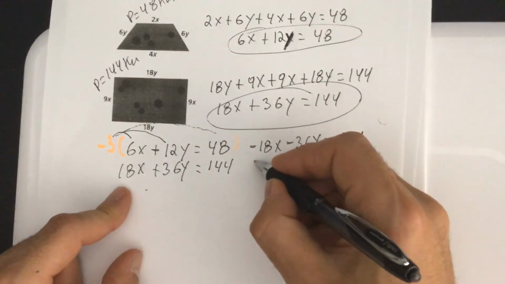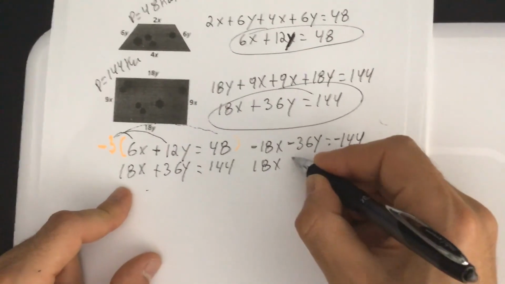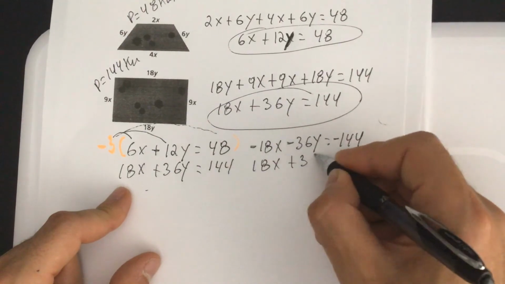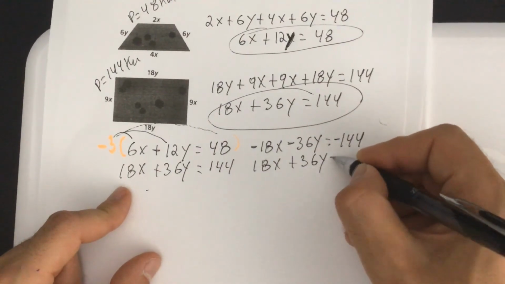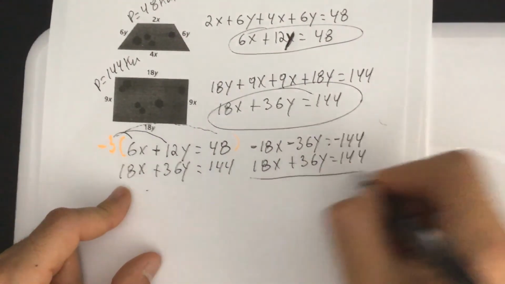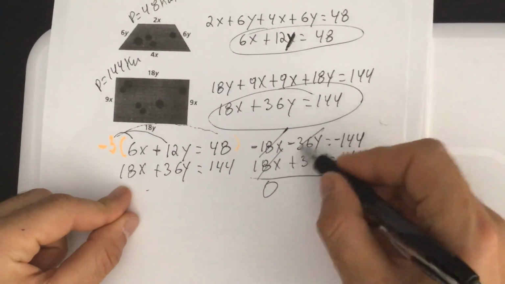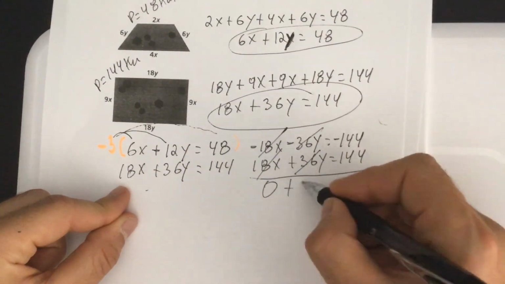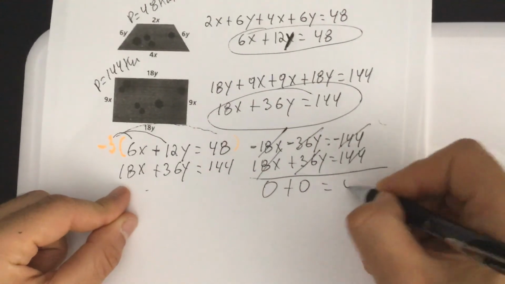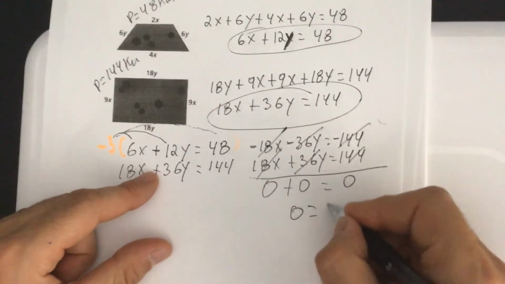I got this one over here, 18x, 36y, 144. What happens here? We got 0 plus 0 equals 0. So 0 equals 0.